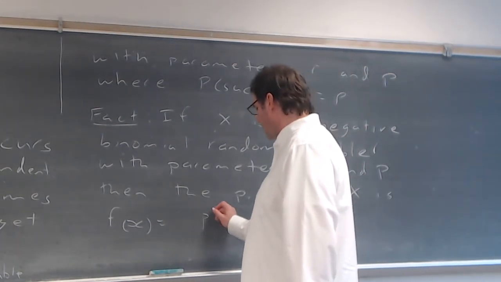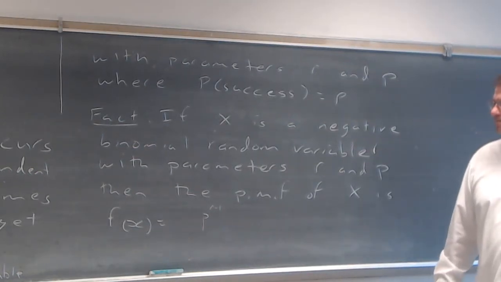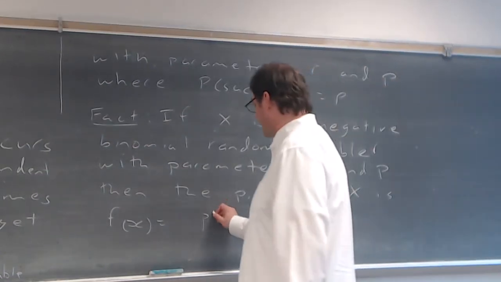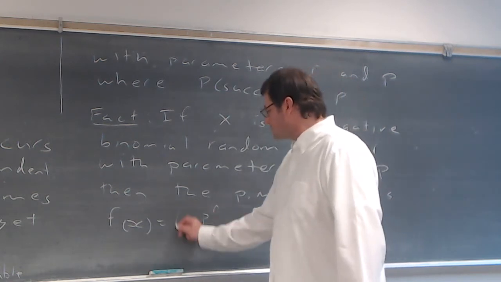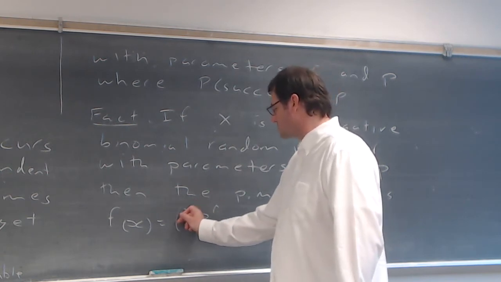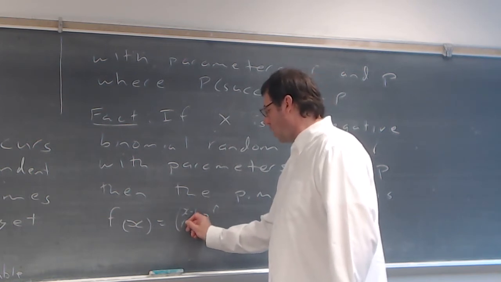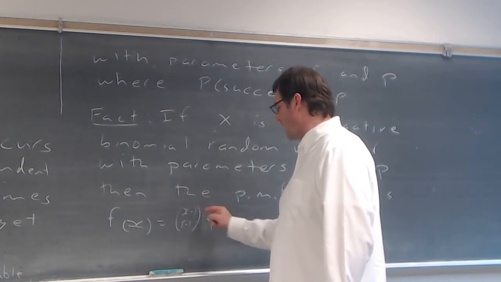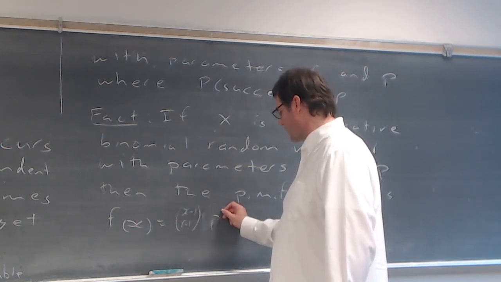First of all, you had to get r successes, so you should have p to the r. And really, the last one was a success. So out of the previous x minus 1 times you did it, r minus 1 of them had to be successes. So there are x minus 1 choose r minus 1 ways to put successes in the x minus 1 trials.